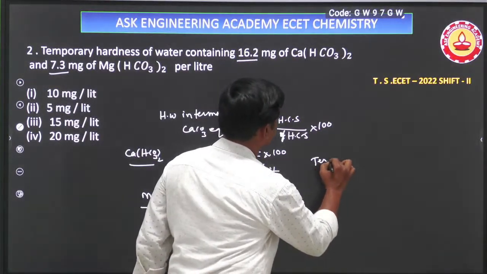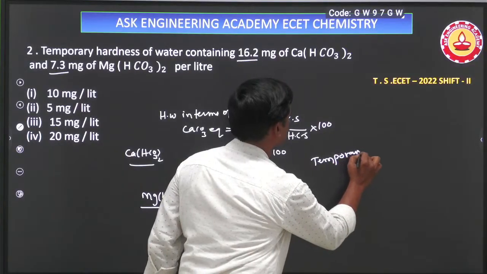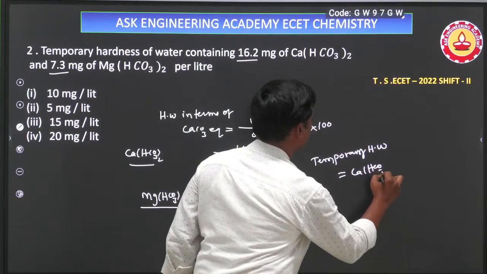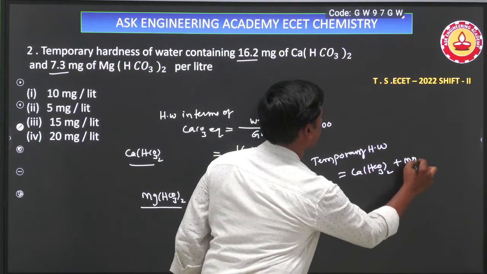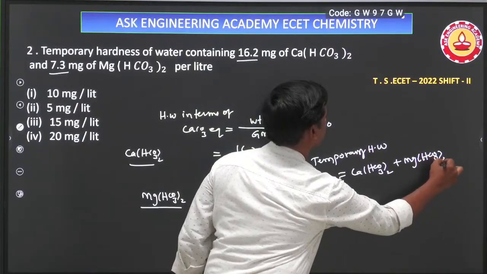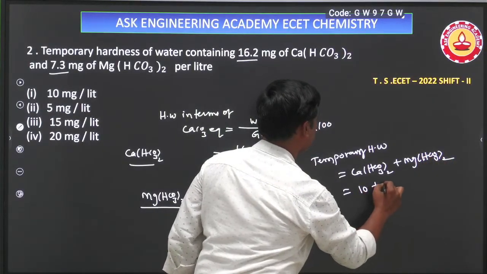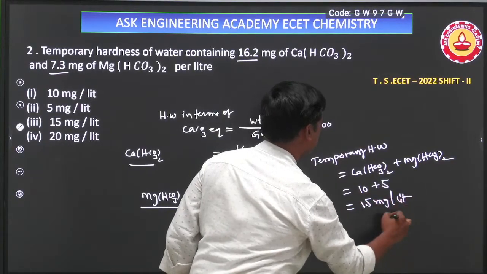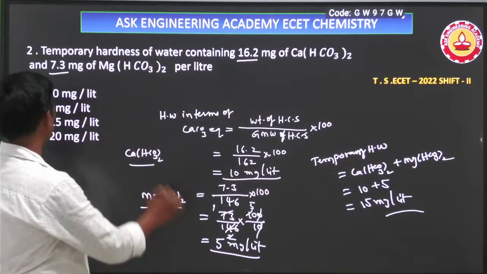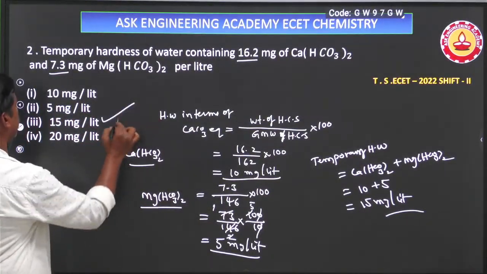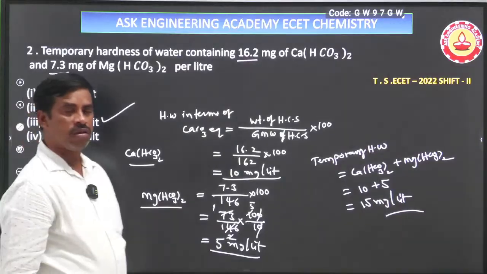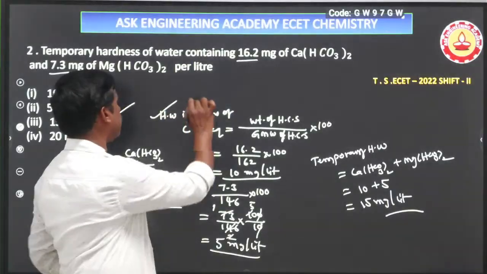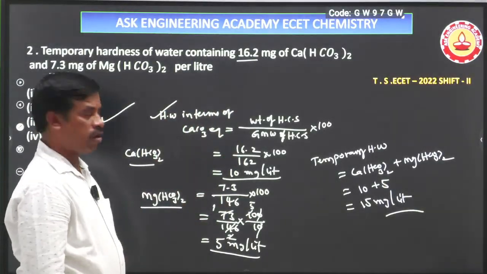Total temporary hardness of water is equals to calcium bicarbonate plus magnesium bicarbonate, 10 plus 5, 15 milligram per liter. Where is answer? You can check it. 15 milligram per liter answer is here. Third option, this is the right option. Remaining options are wrong options. We need to solve given question by using of this formula. By using of this formula you can calculate this hardness.